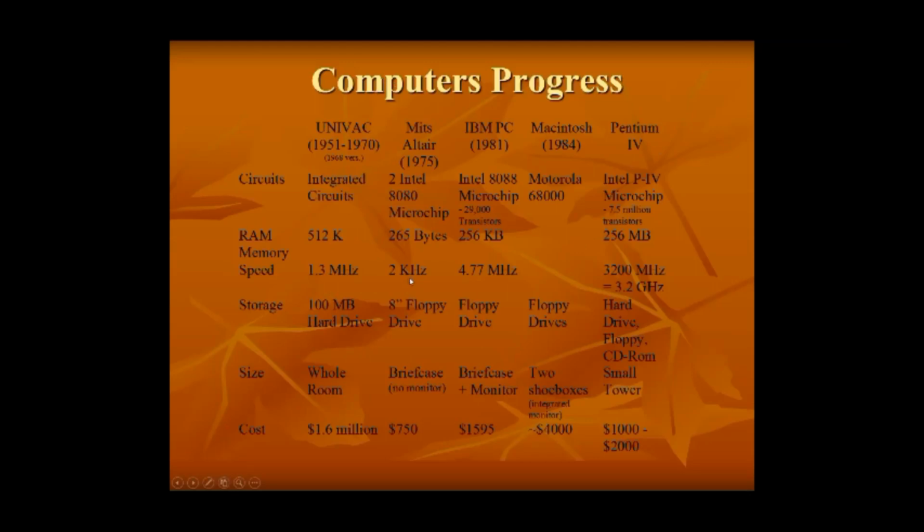We have 2 here, then 4.77 megahertz, and for the Pentium 4, it's 3,200 megahertz. If you convert it, it's 3.2 gigahertz. Compared to this one, of course, we've got a lot of better computers nowadays. But for the older versions, for history's sake, this is better than even the great Univac.